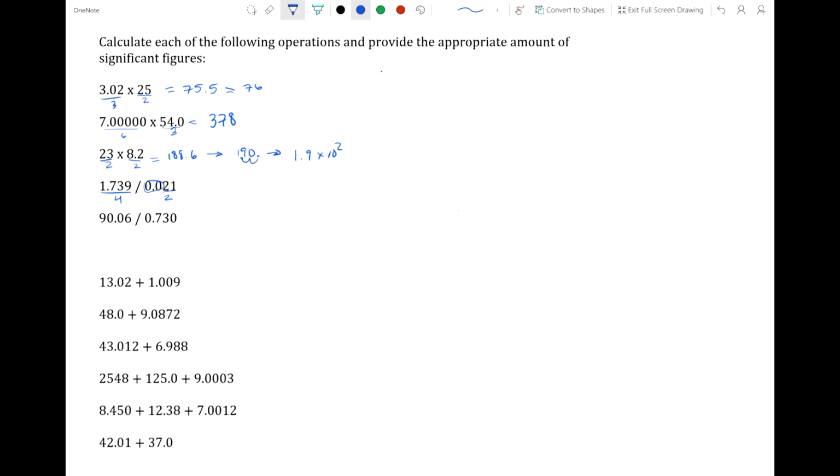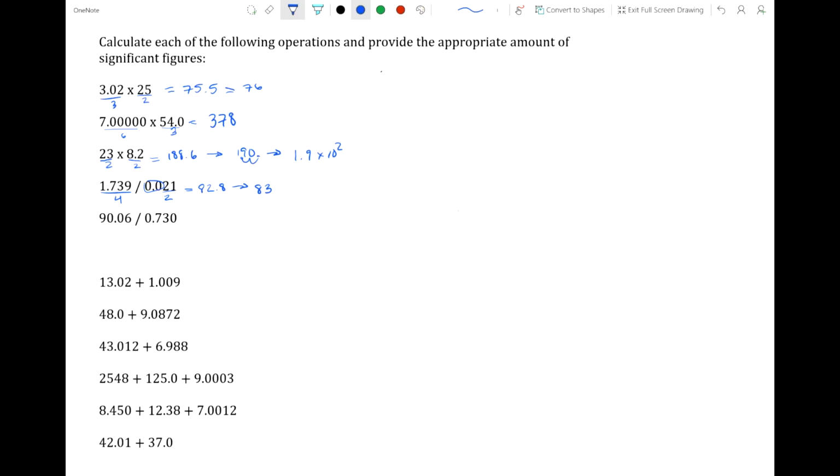Therefore, our answer should also have 2 significant figures. If you were to plug in 1.739 divided by 0.021 into your calculator, you'll get 82.8095. That's a really big number, and we're supposed to put that into 2 significant figures. So it's approximately 82.8, and we're going to round that up to 83, and that's the answer we would put on our exam.